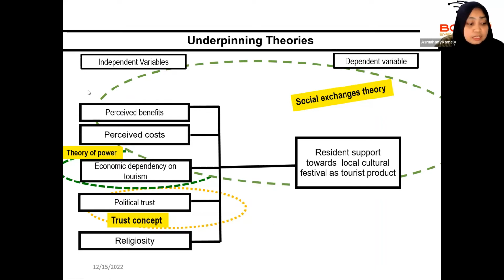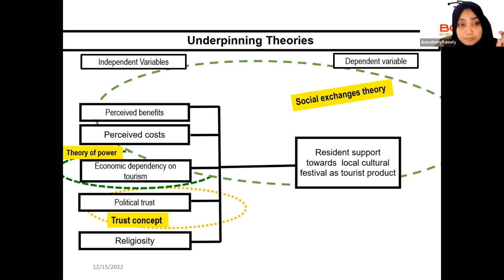When it comes to economic dependency on tourism, the literature proposed to use theory of power. If you Google, there are a lot of definitions on how to explain the theory of power, but in my context, it is defined as: if we have no power, we will support tourism.